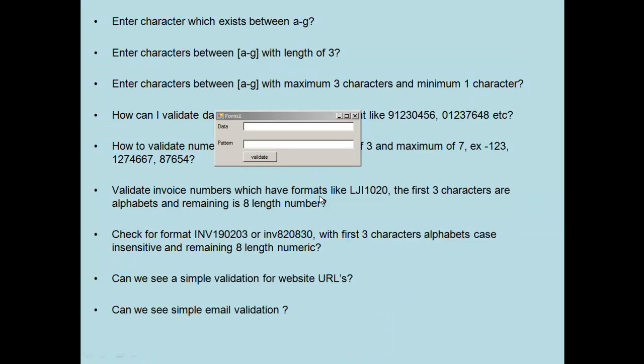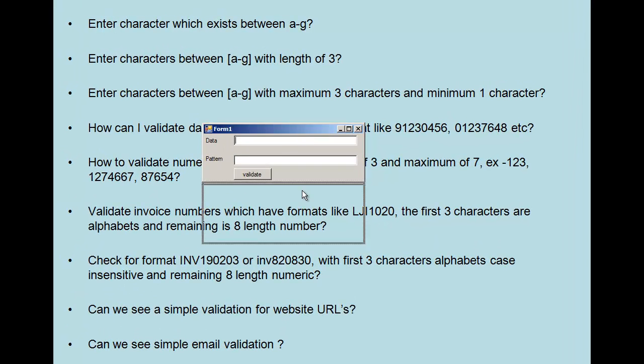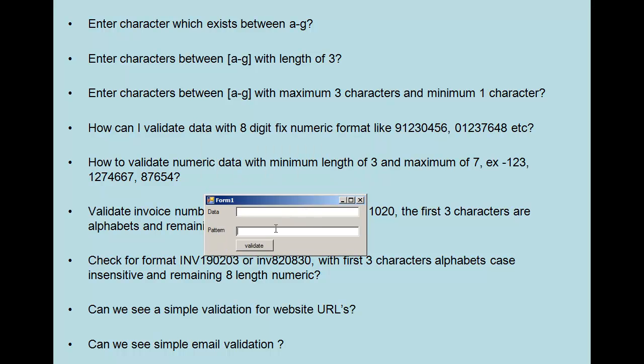Validate invoice numbers which have a format like LJI1020, where the first 3 letters are characters and the remaining are numerics of 8 length. So how do we do it? As usual, first start with a caret sign and end with a dollar sign.